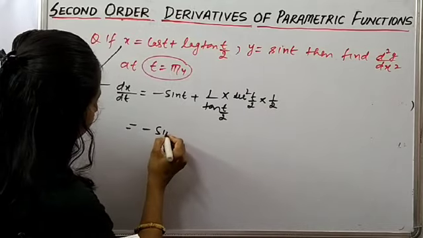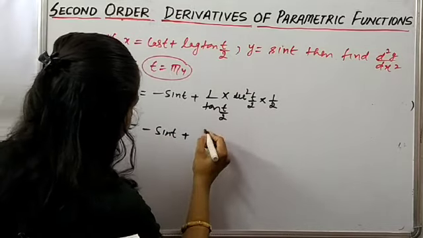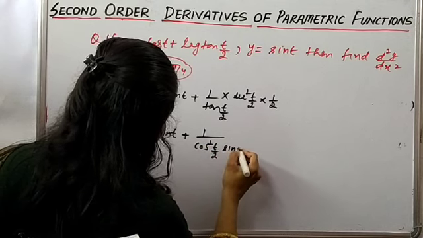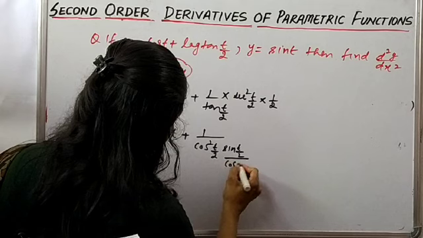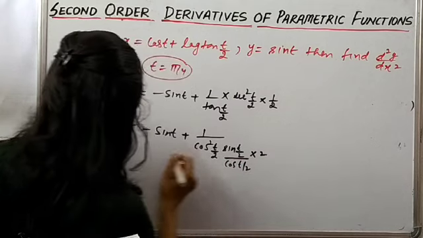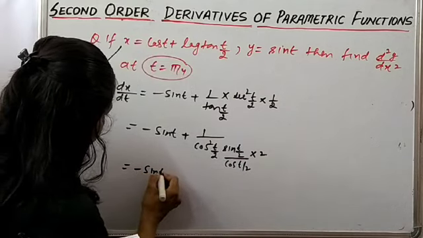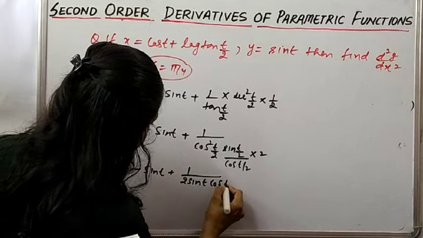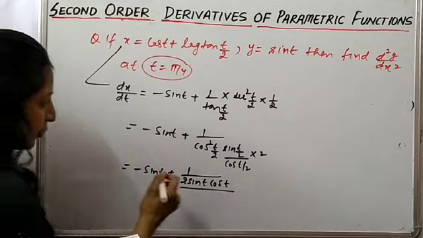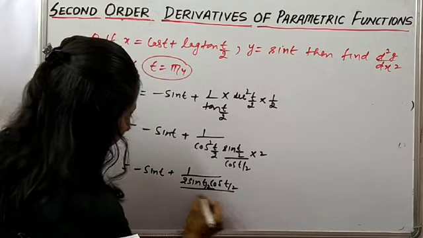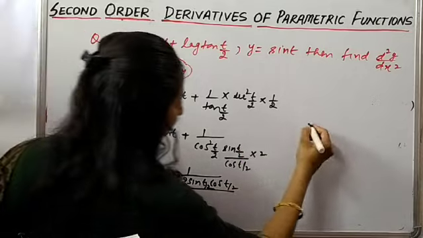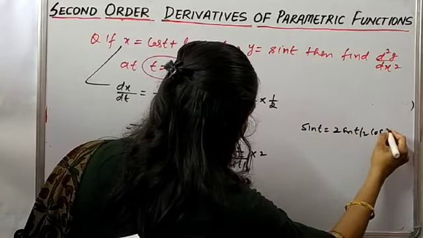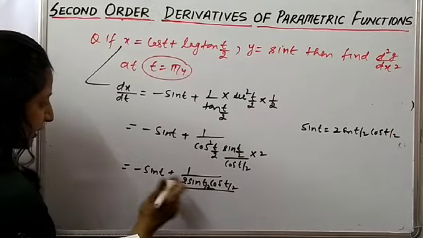So it will be minus sin t plus, we will convert in terms of cos and sin, sin t by 2 upon cos t by 2 into 2, and it will be minus sin t plus 1 upon 2 sin t by 2 cos t by 2, and we know 2 sin t by 2 cos t by 2 is equal to sin t.